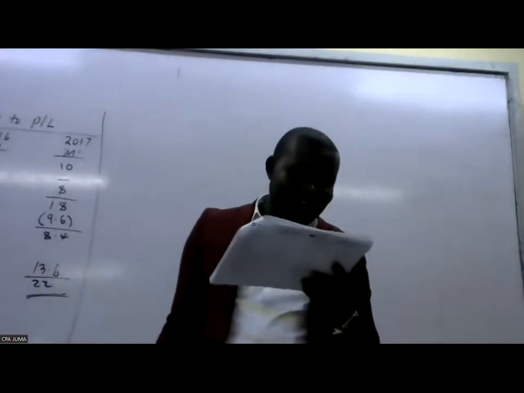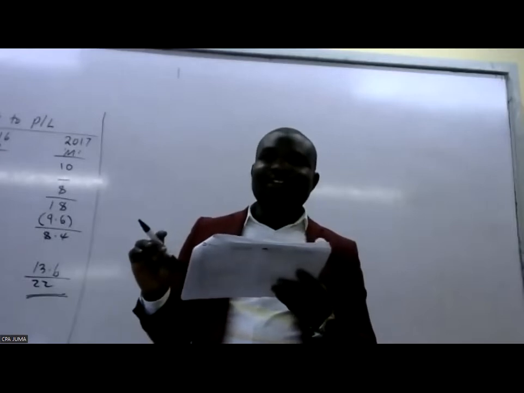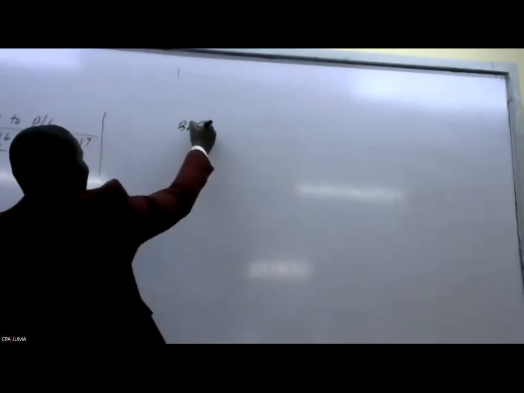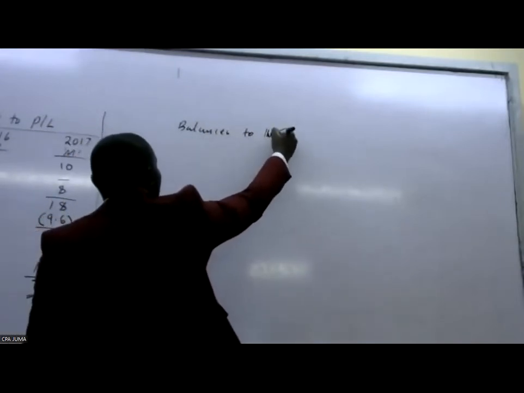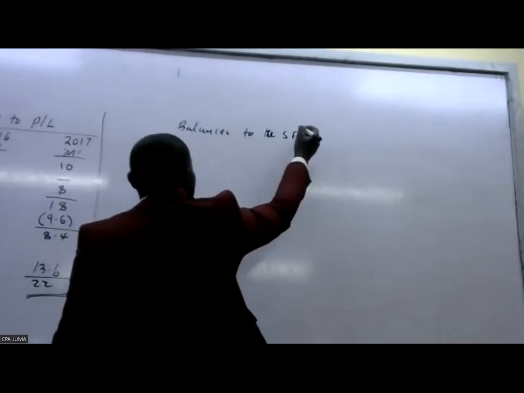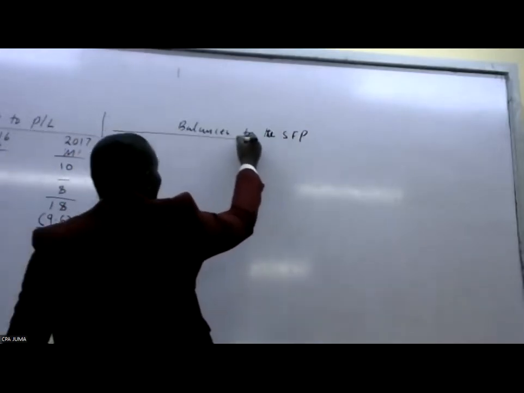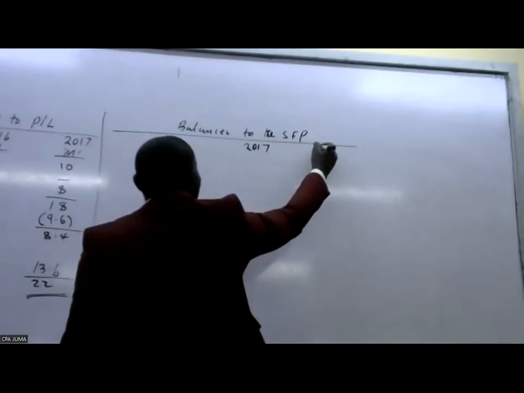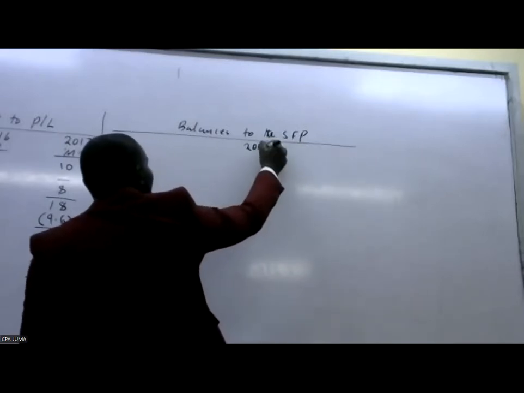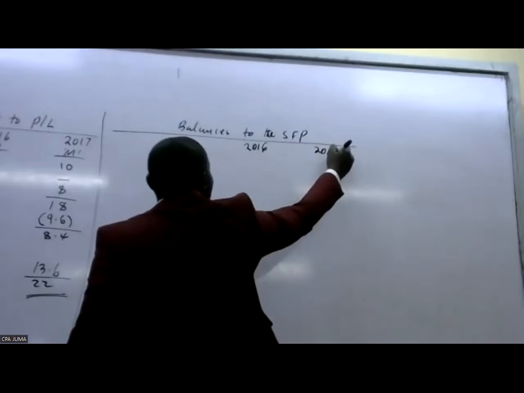Roman 3 of the question: balances to be reflected in the statement of financial position. So balances to the statement of financial position, 2016 and 2017.